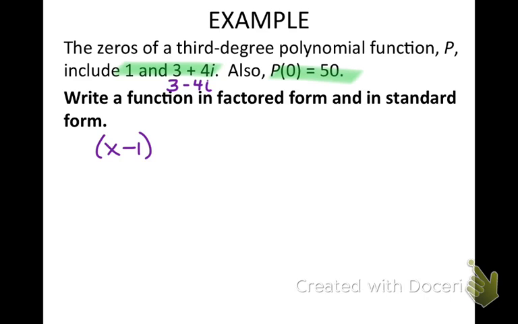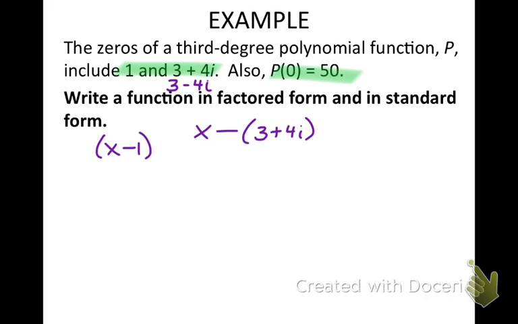Technically, this is what's happening, but it'll work either way. Don't write this, just watch. My zero here was 1, so we did x minus 1. If my zero is 3 plus 4i, technically we should be doing x minus (3 plus 4i).